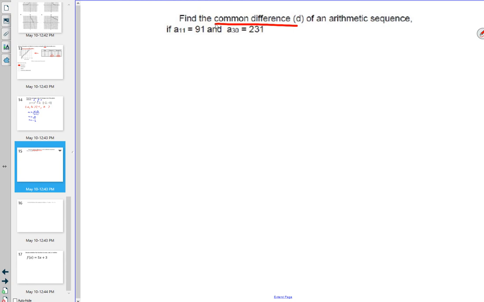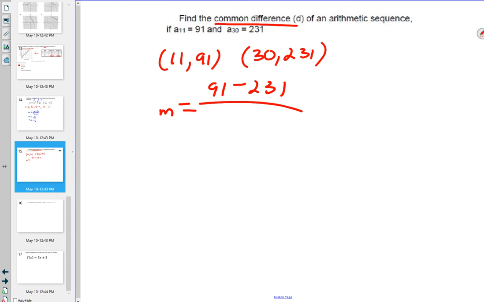If the 11th number is 91, that's like saying that point is part of the line. If the 30th number is 231, that's another point on the line. So now just do slope. I know that there are different ways of doing this. I just don't know if there's an easier way. 90 minus 231 over 11 minus 30.